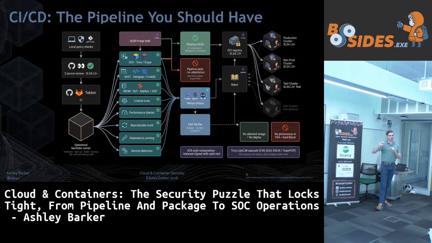It gets even better, because you can then look at that using something like the OCI registry and slightly further down, VSA. So you're looking at the attestation that's provided to say, did it pass everything that it should have done? So verification summary attestation, quite literally, did you pass my SBOM policy? Do you have critical vulnerabilities? Do you have all these other things? And then based on your individual environments, you can start to say, yep, you can deploy there, or no, you can't deploy there.